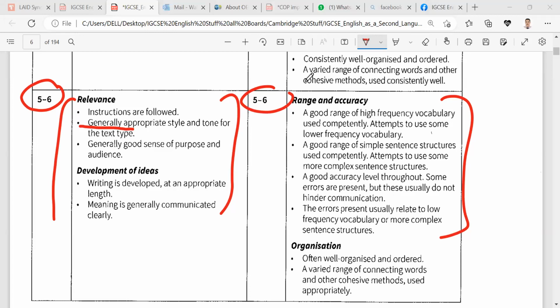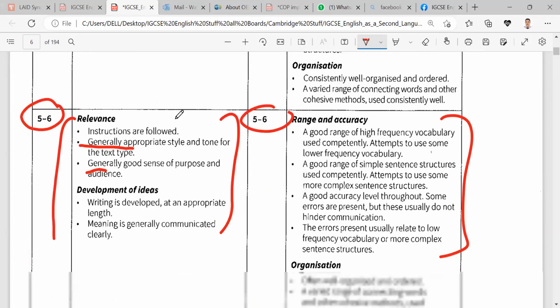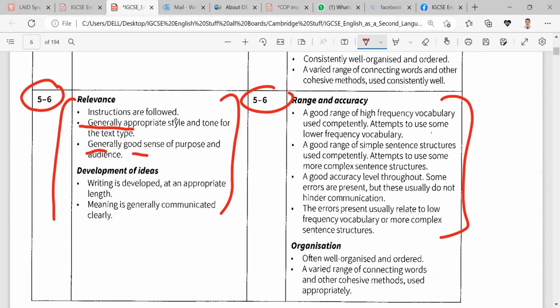But for the first one, to get 8 out of 8 or 7 out of 8, you should be consistent, as I told you. The next one, generally good sense of purpose and audience. But this one, look here, excellent sense of purpose. But this one, good sense of purpose and audience.